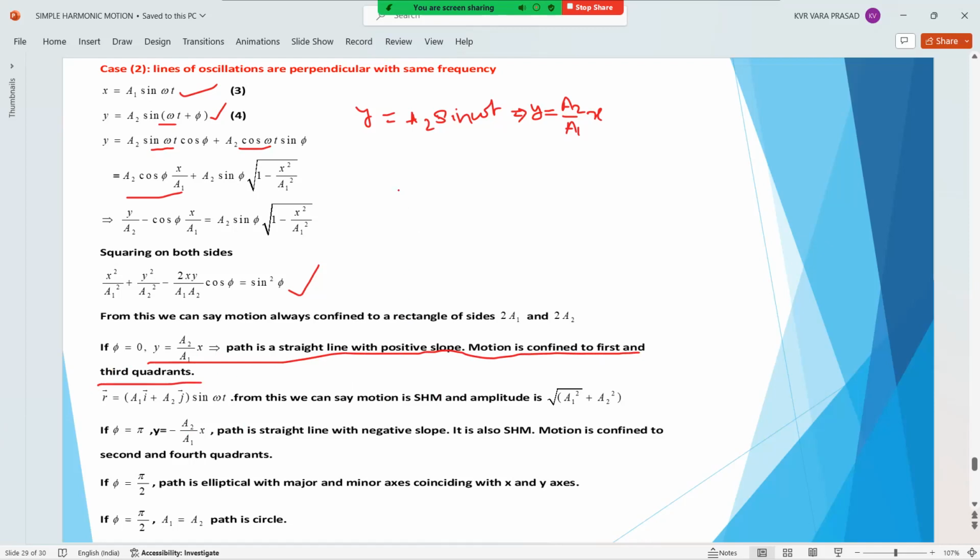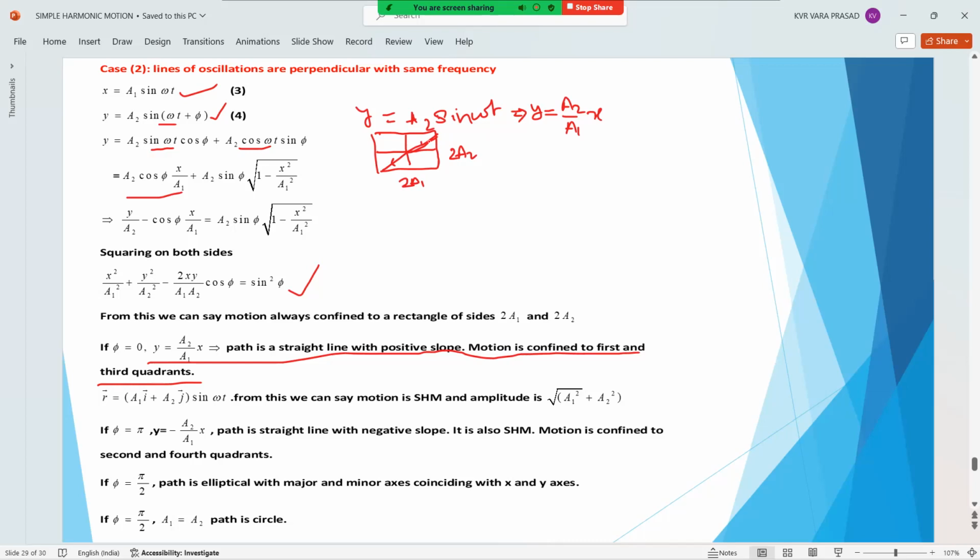I will make a diagram here. So make one rectangle whose sides are 2a1 and 2a2. Now it is a straight line having positive slope. Therefore, it is passing through first and third quadrants.